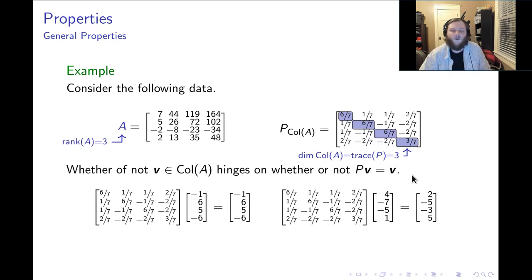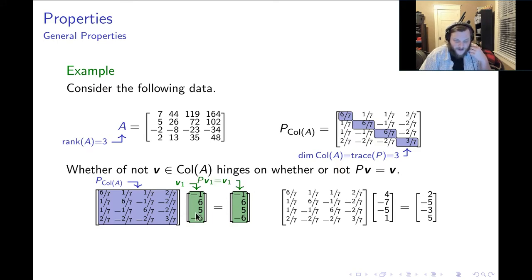And remember, one of the useful things about projection matrices is that we can use them to test whether or not a particular vector is in the space that we're projecting to. This projection matrix projects onto the column space of A. So I have two formulas here. On the left, I'm taking that projection matrix and multiplying by the vector -1, 6, 5, -6. When I multiply, I produce the vector -1, 6, 5, -6. So if I call that vector v1, what I'm noticing here is that P times v1 equals v1.